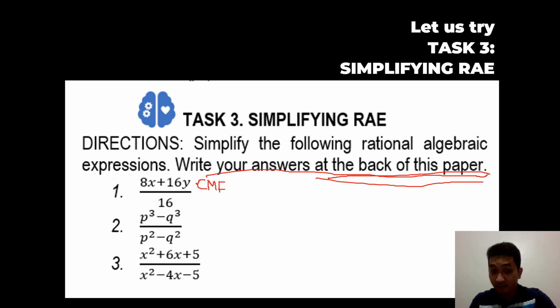So, 8 at 16 muna. Anong common factors nila? Madami. 8, 4, 2. Pero greatest dapat. So, 8 yun. And then, variable, may parehas ba? Wala. So, meaning, 8 na agad yung iyong greatest common, or sorry, the common monomial factor.